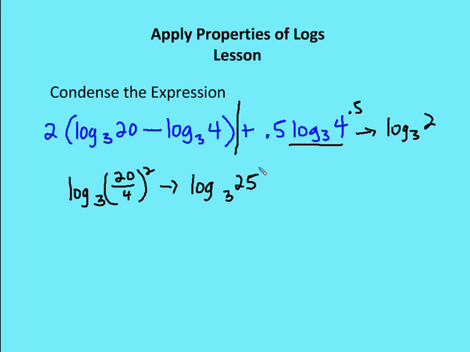And now I'm multiplying these two together, so I'm using my product property to condense these two expressions. It ends up being 25 times 2. I have the same base here, so the result ends up being log base 3 of 50. Pretty tricky, huh? Remember, log and the 50 on the same line. The base is the subscript. It sits on or inside of the line, not on top of the line. So log base 3 of 50 is your answer.